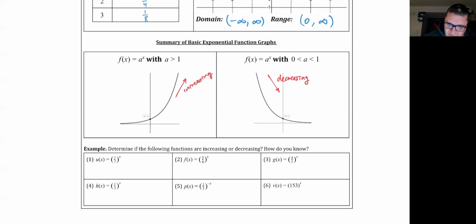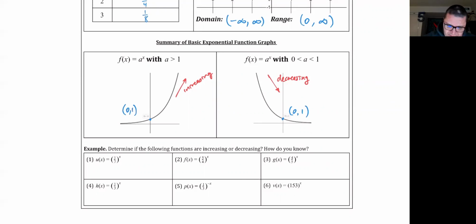Now, both go through the point 0, 1, and that's going to prove to be an important point when we start graphing. It's going to be a good reference point to always keep in mind and keep track of where it is as we maybe do reflections and other types of transformations.